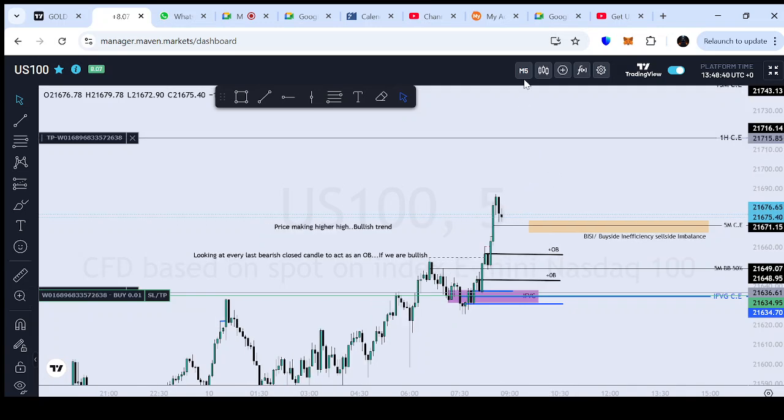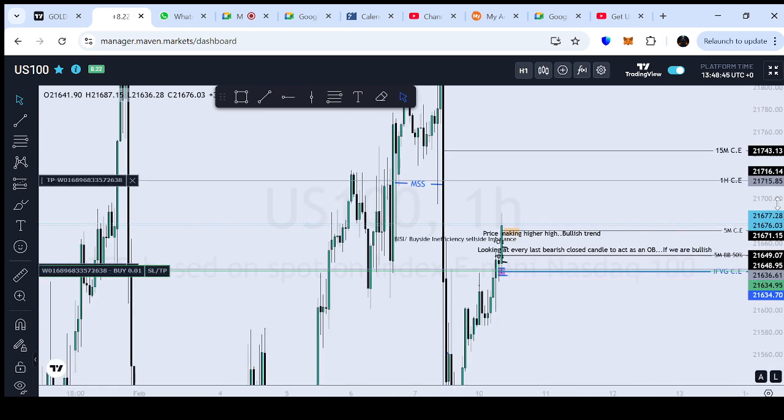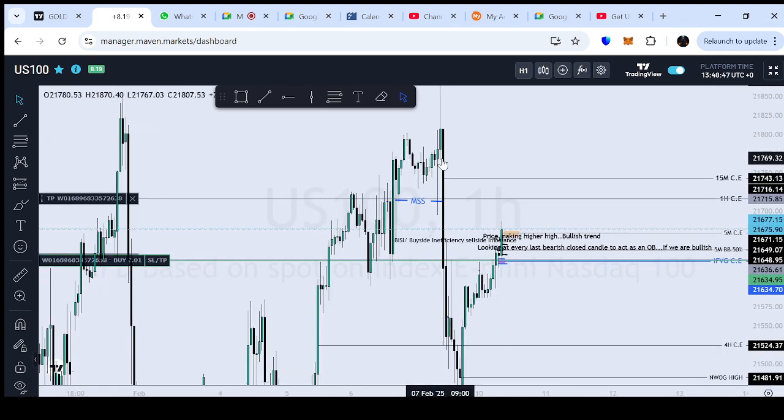This is for 1 hour. Let's go back to 1 hour. You can see the inefficiency there. The fair value gap is between this candle here, the order block, the bullish low, and this other candle, bearish high.